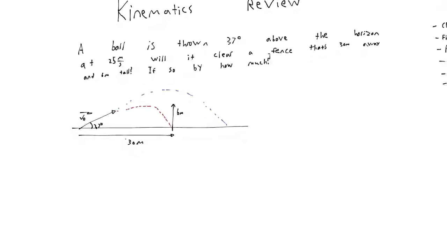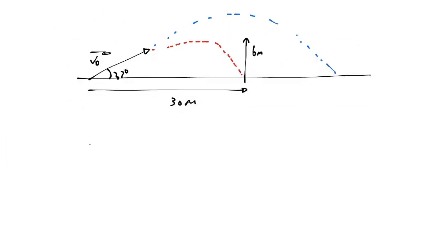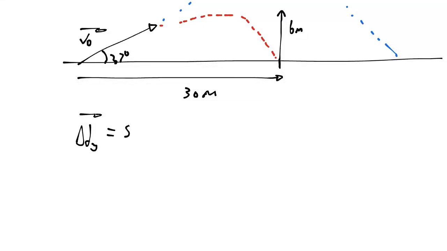So let's find out the height at 30 meters. Let's write the height equation. Delta dy equals sine 37 times V naught, plus, actually this would be minus because gravity's down, right?